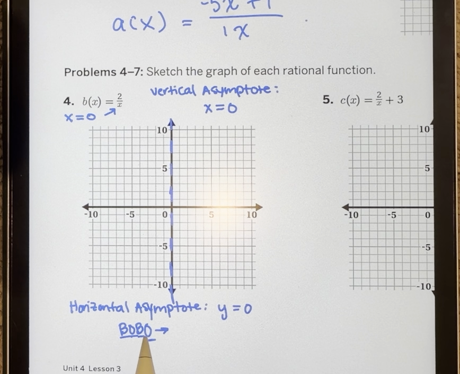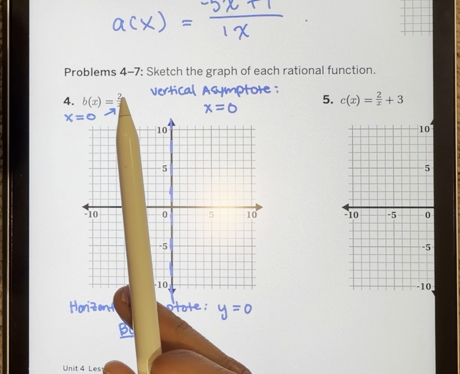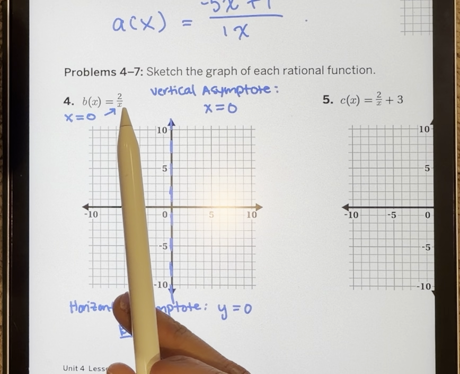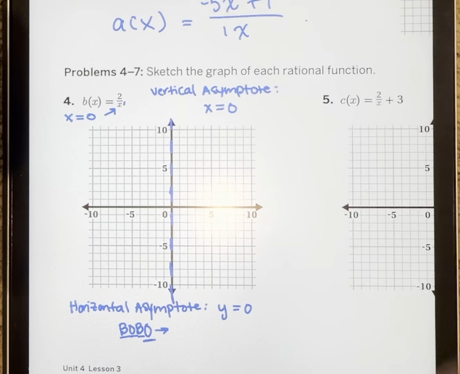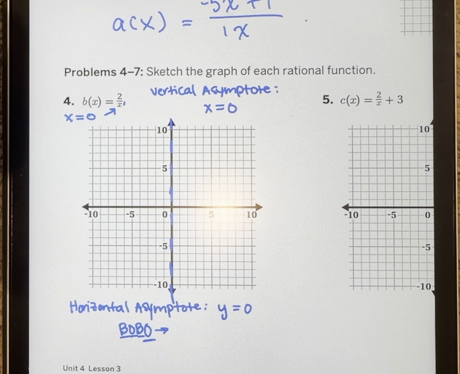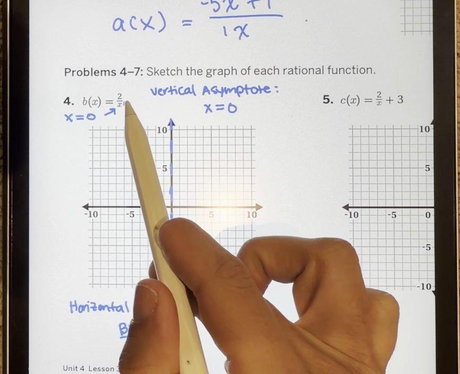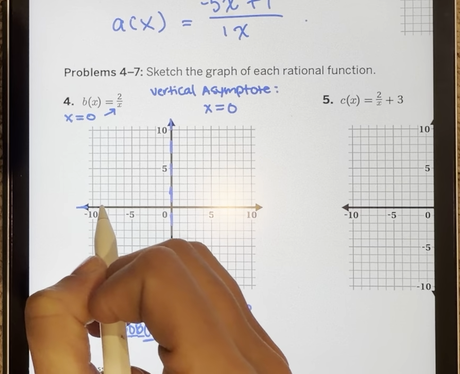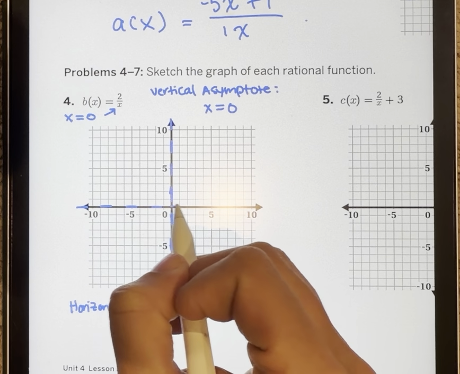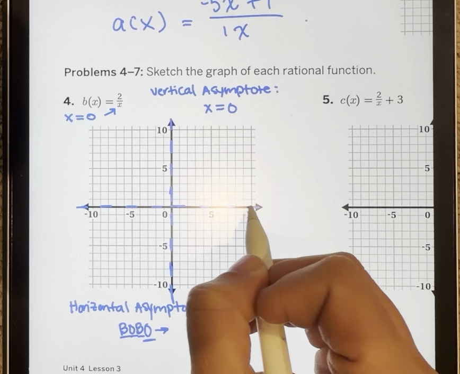Bigger on bottom, 0. So the degree of the top is 0, the degree of the bottom is 1. Remember, degree is the biggest exponent on a variable that you have. So that's that. That's right here.